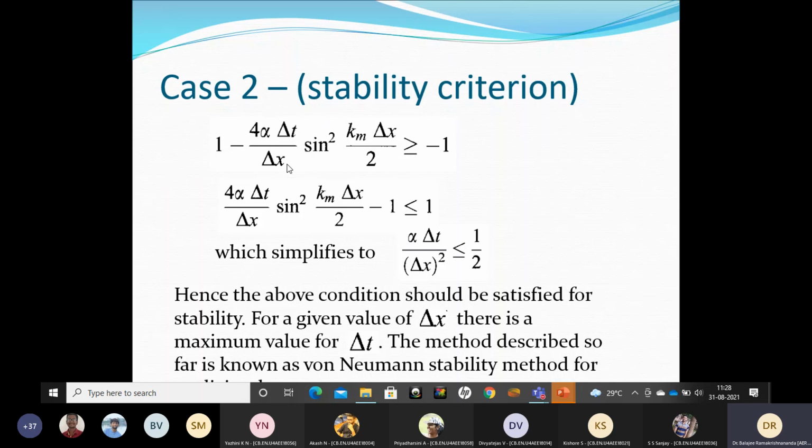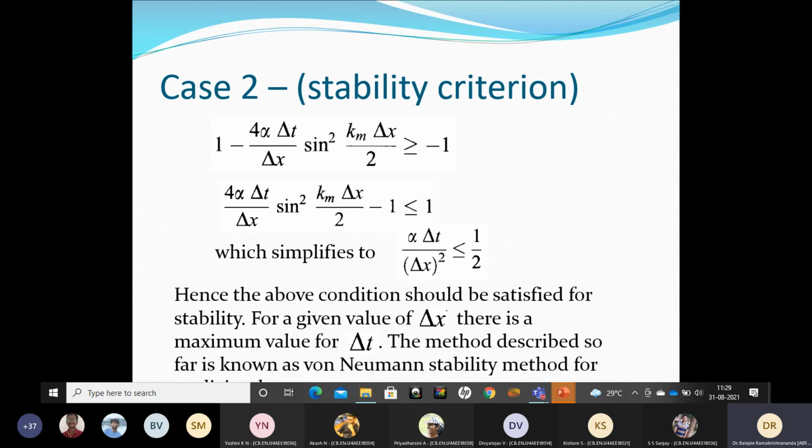So look at this carefully. If you don't understand, look at this again, time and again, get it cleared, either through your friends or from me, whatever you prefer. I want you to learn, that's all. If you rearrange this, you will get the condition that alpha delta t by delta x squared is less than or equal to half. Now this puts a restriction on your condition.